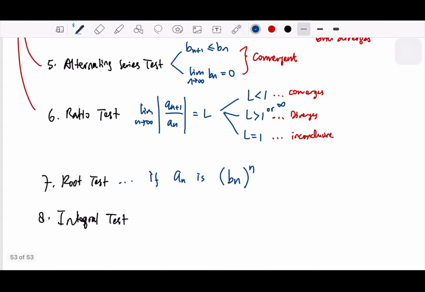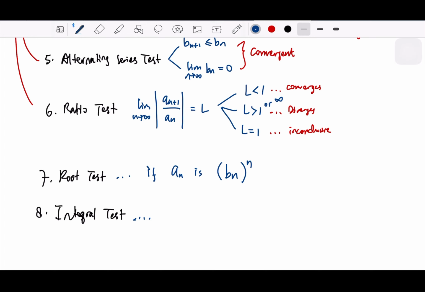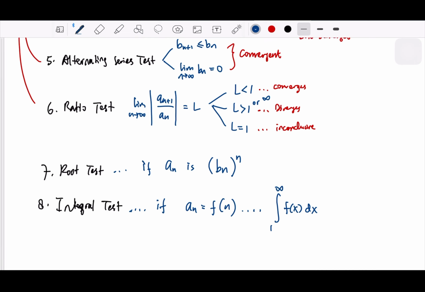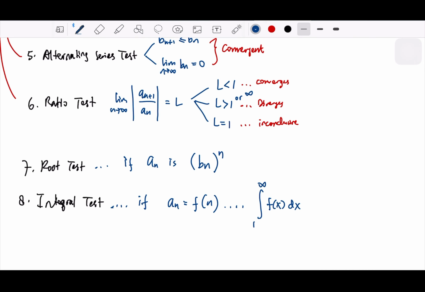An integral test, this will also be useful if we can think the series as a function, and we can integrate the function from 1 to infinity, or in the improper integral. This is easily integrated.